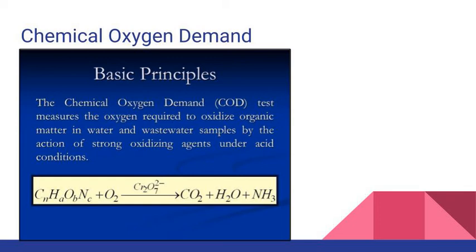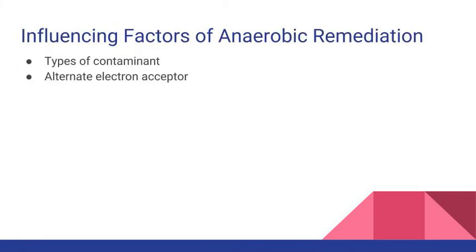Except for the factors we discussed before, types of contaminants and alternate electron acceptors are quite influential factors for anaerobic reactions. In reactions, bacteria will gain and grow as an atom on a contaminant, and it is replaced with hydrogen.